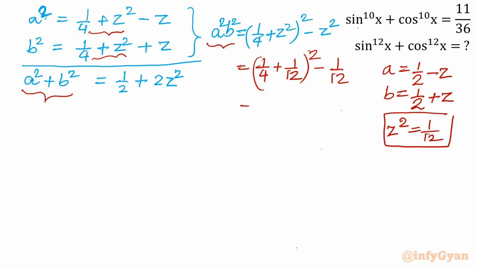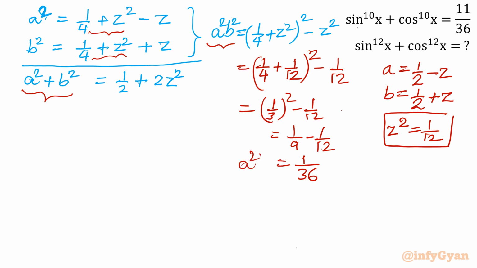Now I can multiply by 3, so it becomes 4 over 12. So (1 over 3) whole square minus 1 over 12. So it becomes 1 over 9 minus 1 over 12. This value comes out 3 over 108, which is 1 over 36. So our A square B square value is 1 over 36.